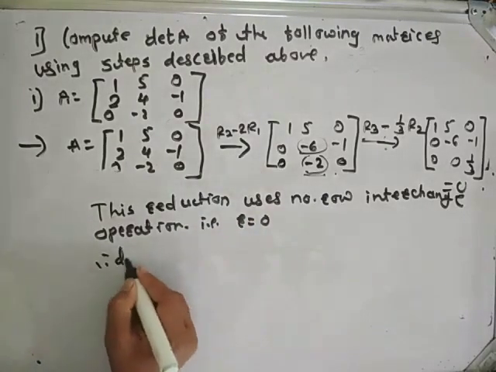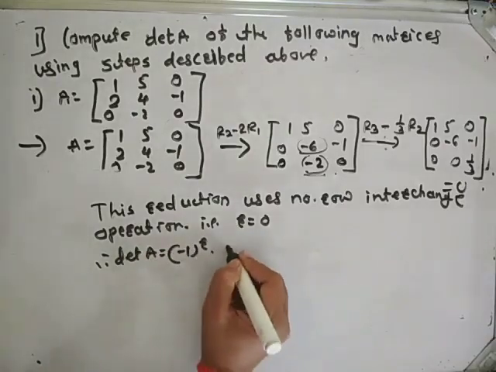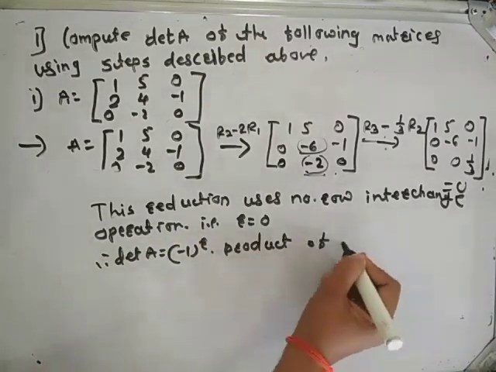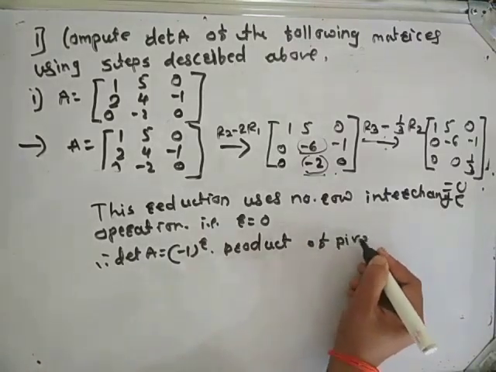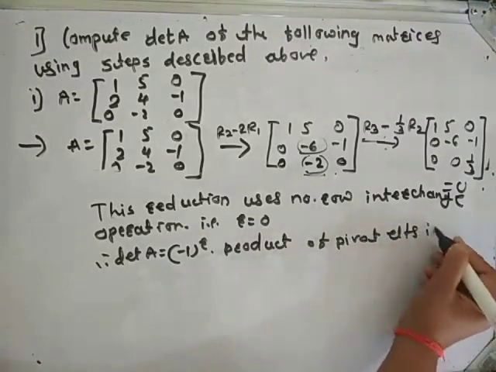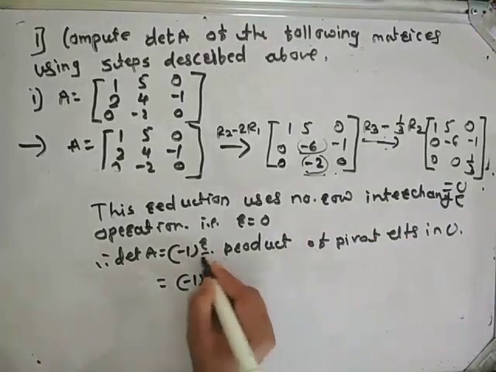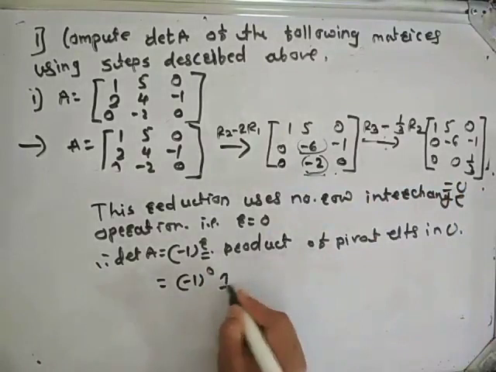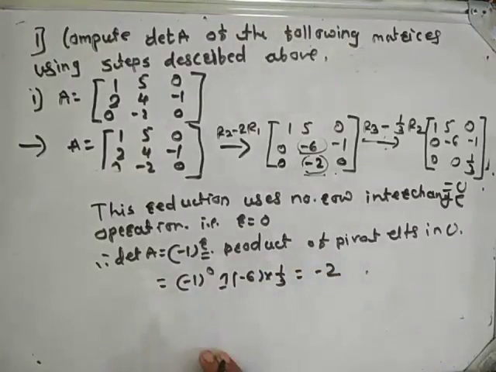So therefore, determinant of A is minus 1 raised to R into product of pivot elements in U, which equals minus 1 raised to 0, here R is 0, into product of pivot elements 1 into minus 6 into 1 by 3. This is minus. Therefore, determinant of A equals minus 2.